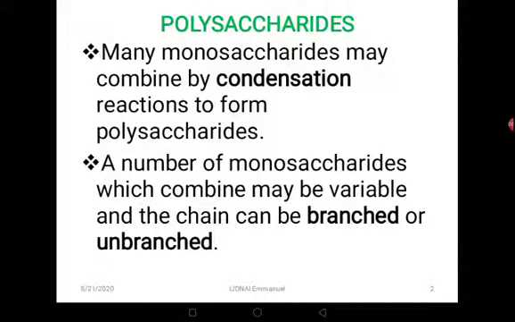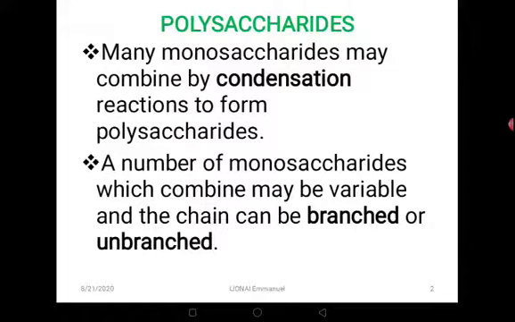So many monosaccharides may combine through a type of reaction called condensation reaction to form polysaccharides. Remember, we looked at condensation reactions when we looked at the formation of the disaccharides. This is a reaction where two small molecules combine and water is produced, is lost through this combination.